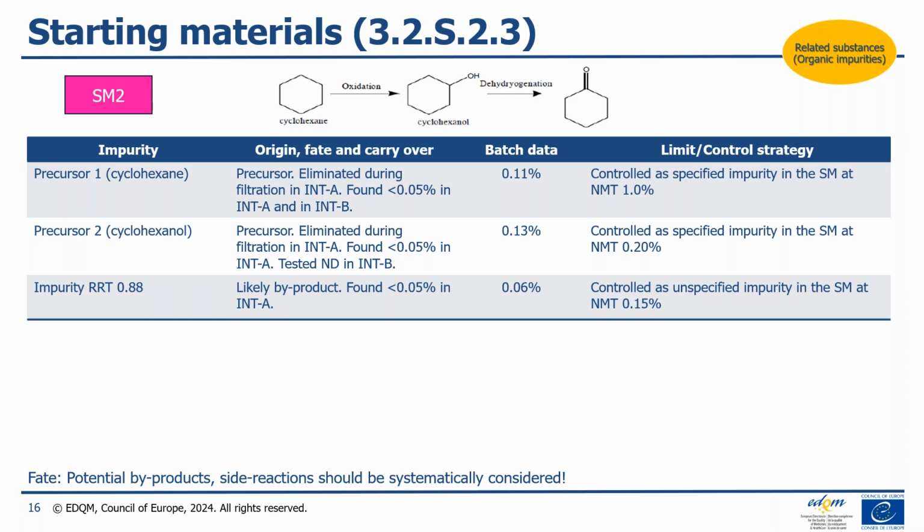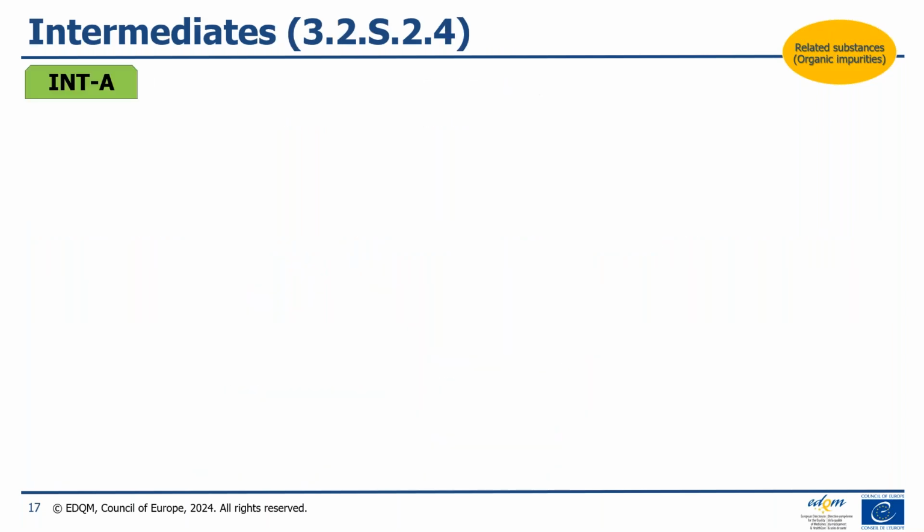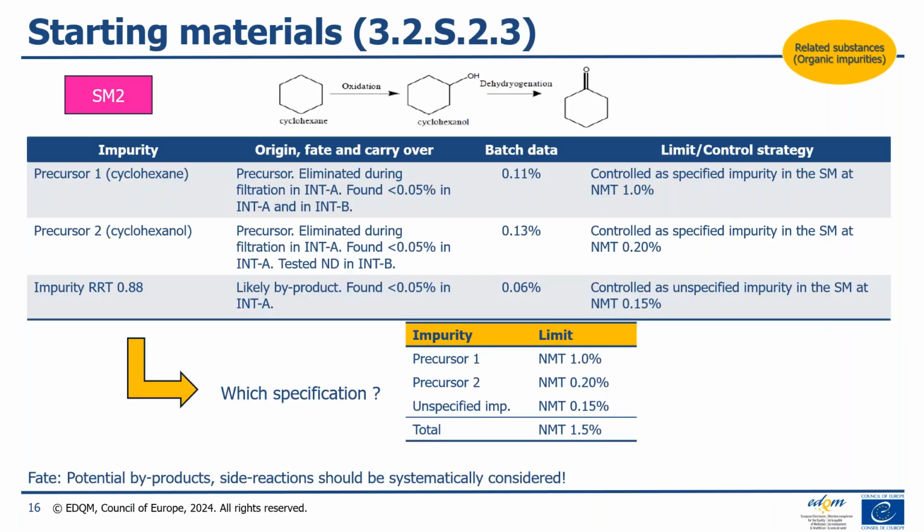We have batch data that it's present at 0.13%. It's eliminated during filtration, but to a lower extent. It's found below 0.05% in intermediate A and tested not detected in intermediate B. Setting a limit of 0.20 is acceptable. Another impurity is present at low level. It can be controlled under unspecified impurity, which leads to the specification proposed below.